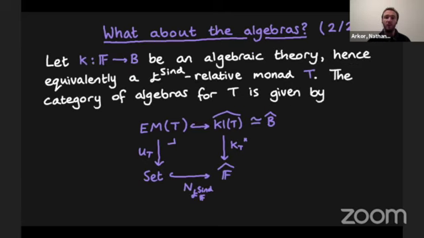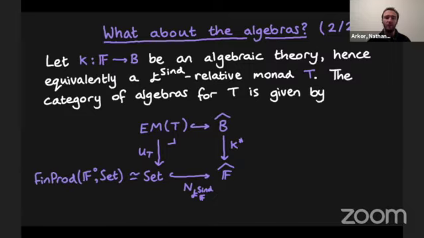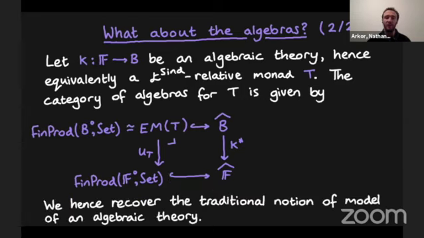In particular, when we take an algebraic theory, which corresponds to some relative monad, we can evaluate this pullback. I'm going quite quickly here, but essentially, if we work out what everything is concretely, we can show that the category of algebras for the relative monad corresponding to an algebraic theory is equivalent to the finite product preserving functors from the codomain, which is the Kleisli category of the algebraic theory, into Set.